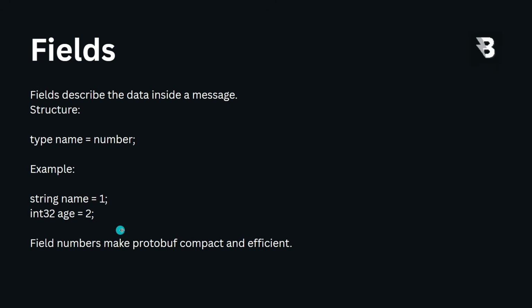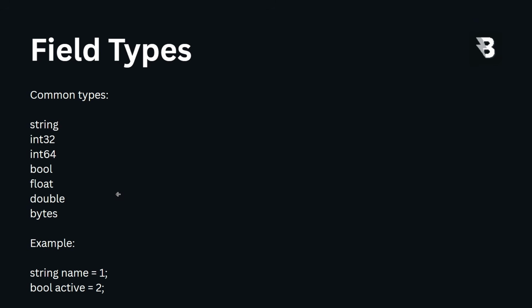Field numbers make protobuf compact and efficient. Something to note, these numbers should be from 1 upwards. You can't go below 1, so no 0 and no negatives.